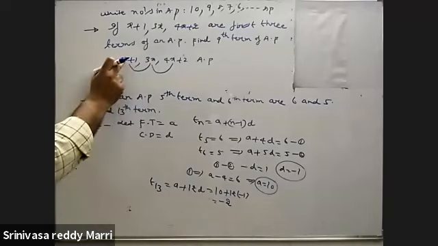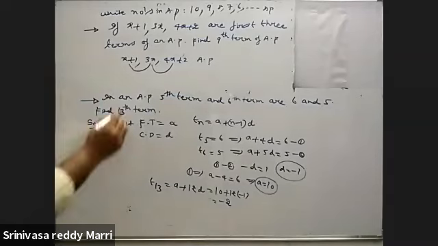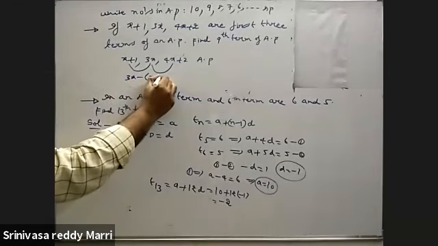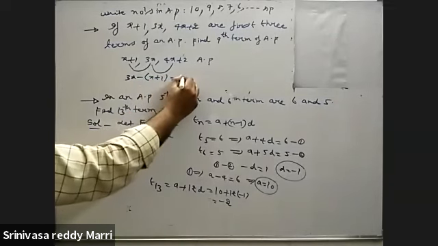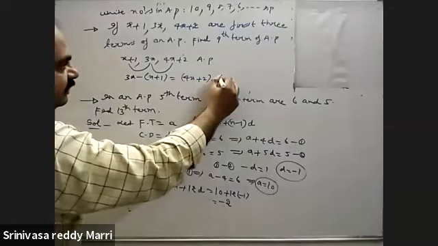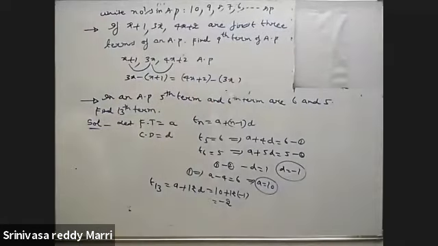Use the basic definition: 3x minus (x plus 1) equals 4x plus 2 minus 3x. First you need to find the x value.